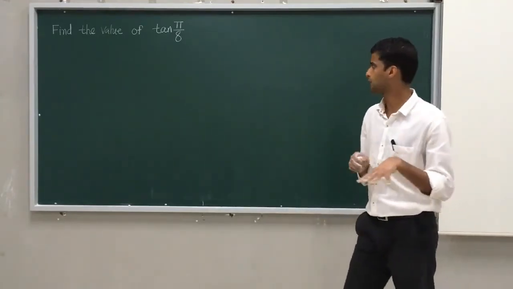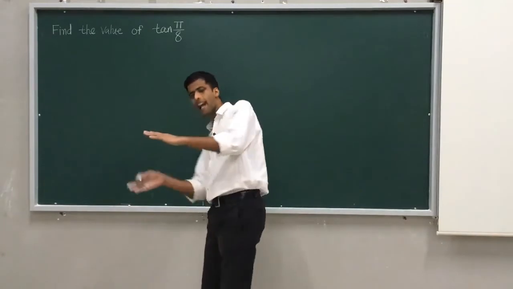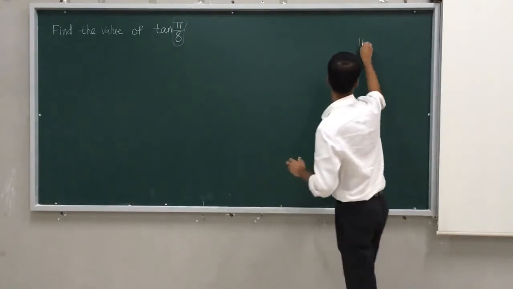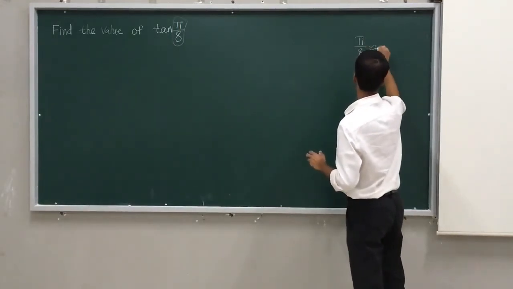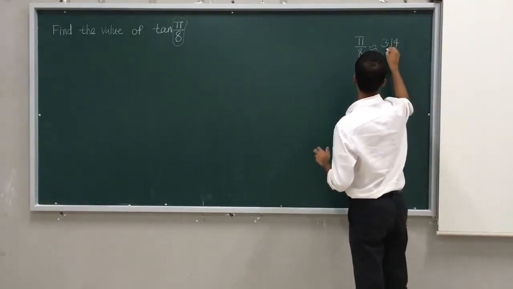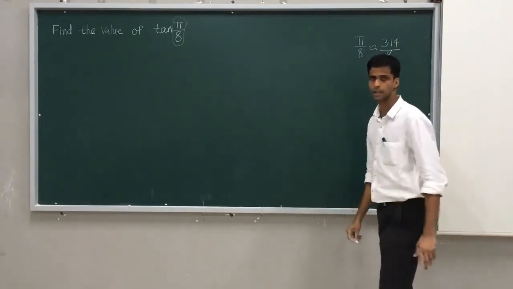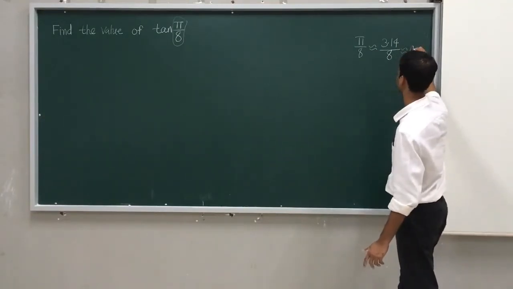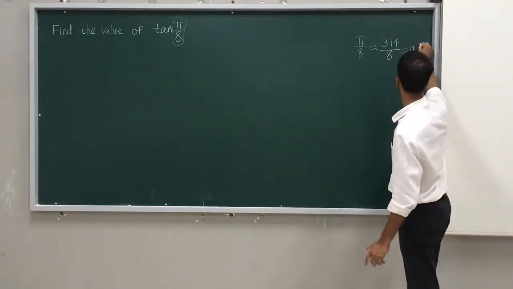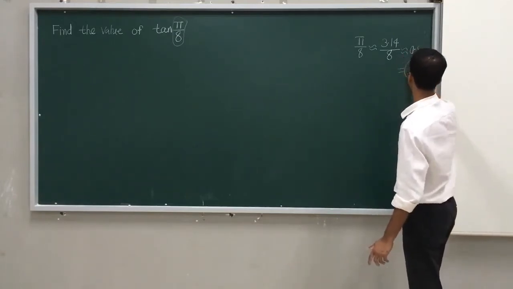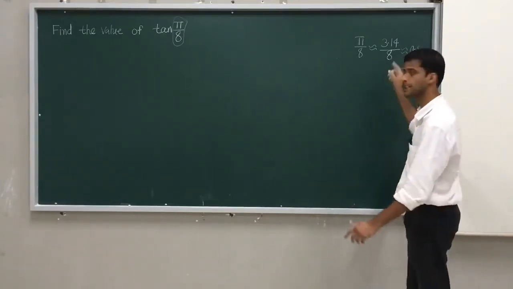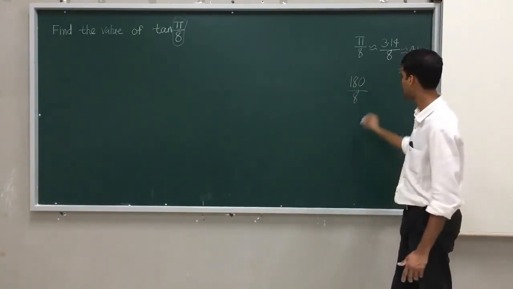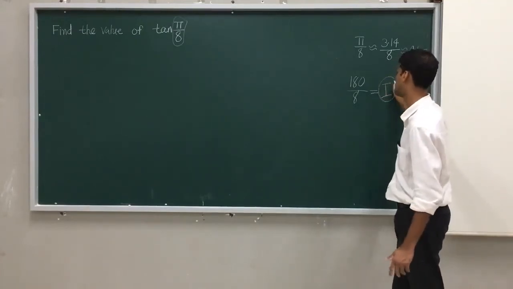One thing I will tell you: even if I forget tan, I'll get pi by 8. So what is pi by 8? Approximately, it is 3.14 divided by 8, which means approximately 0 point something. So 0 point something means it will come in the first quadrant, between 0 to 90 only. Or if you take 180 by 8, it will obviously come in the first quadrant only.